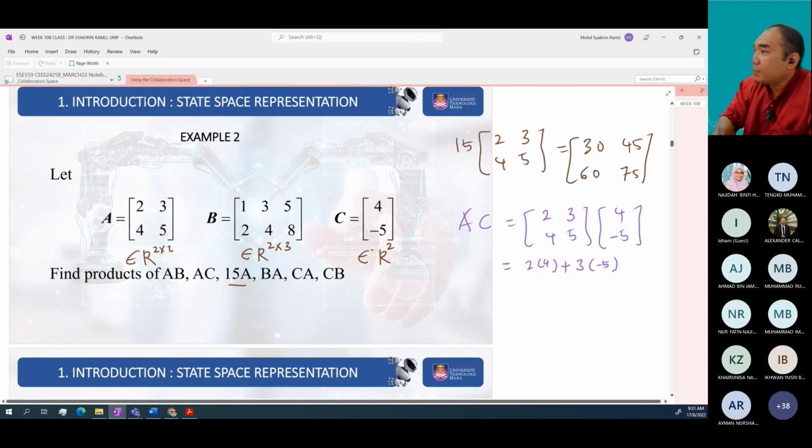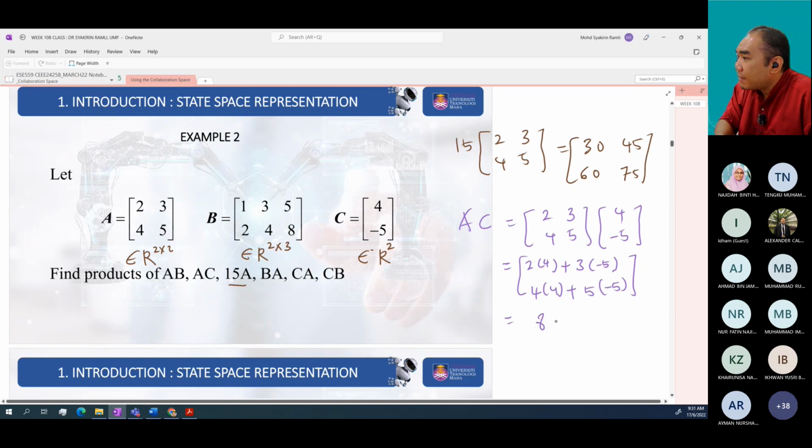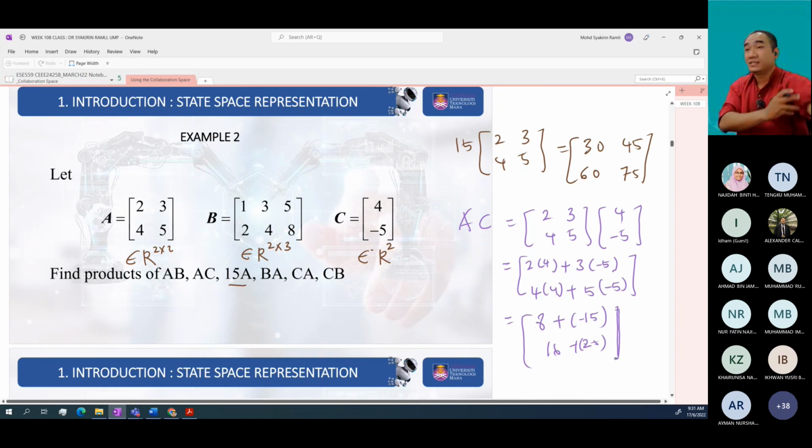And then we have another one, which is going to be 4 times 4 plus 5 times minus 5. Okay, 5 times minus 5. So ini kita dapatlah 8 tambahkan dengan negatif 15. And then kita dapat ini adalah 16 tambahkan dengan negatif 25. So kira sendirilah. You got the result of the operation between matrix A multiplied with C.